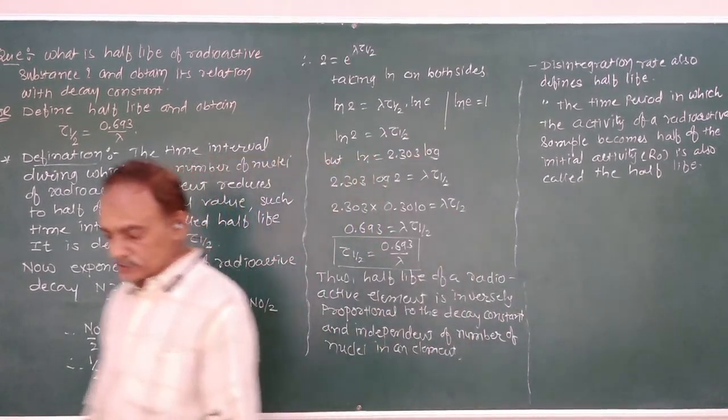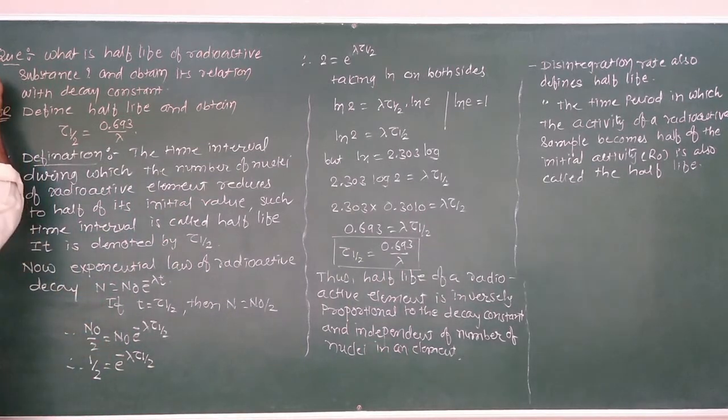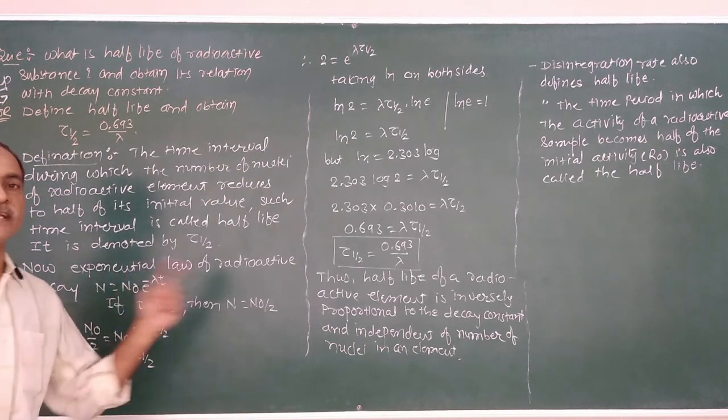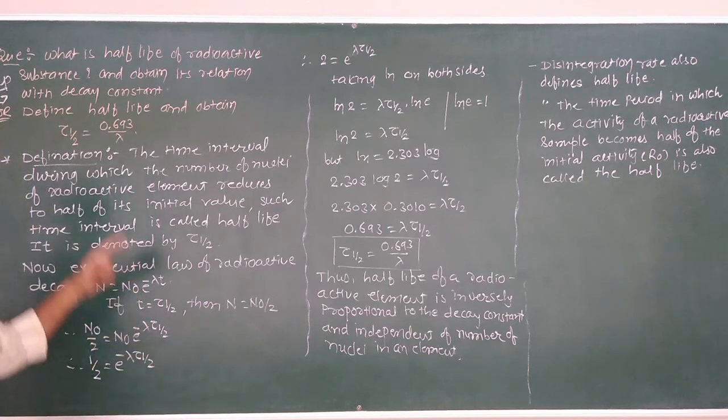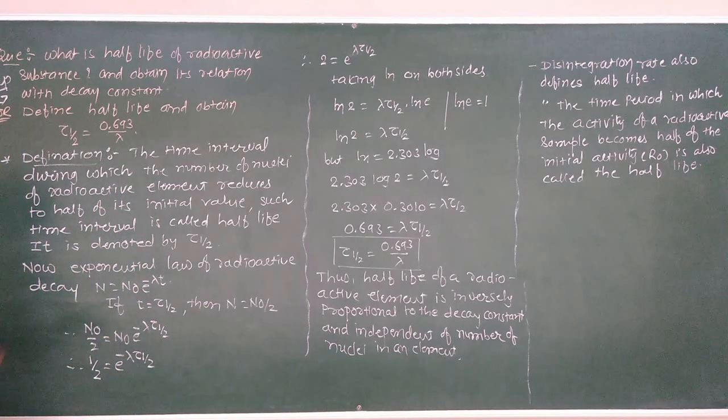This question is most important because it is frequently asked as a 2 marks question. The exponential law of radioactive decay is also most important, and second is this one.